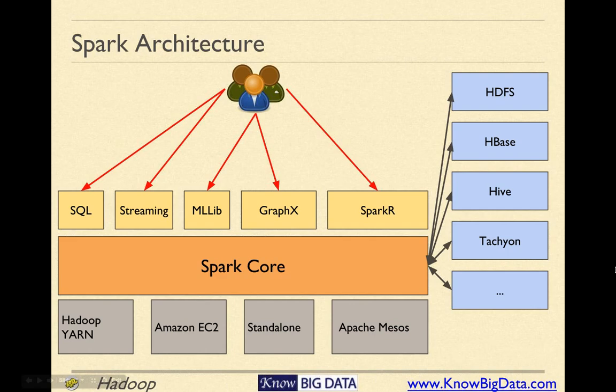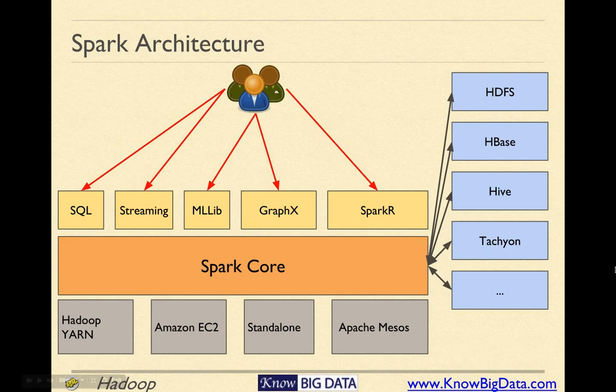Now, Spark can read data from HDFS, HBase, Hive, and Tachyon. Just like MapReduce reads data from HDFS and other sources, Spark can also load data from all kinds of sources.